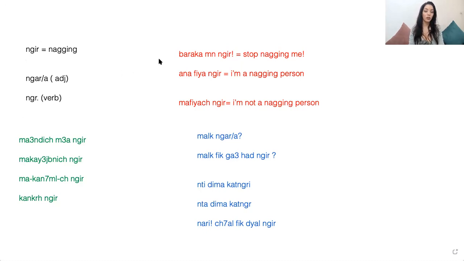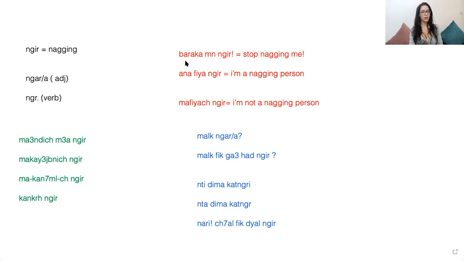Over here, we're going to learn how to say to a person to stop nagging. You can start with saying baraka min ngir. Baraka min ngir literally means enough from nagging, and that's the equivalent of stop nagging me. Let's say that one more time. Baraka min ngir.